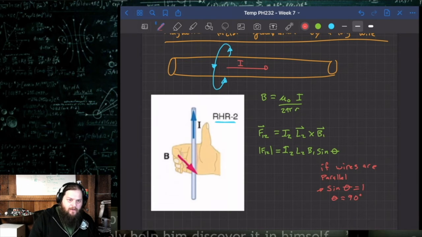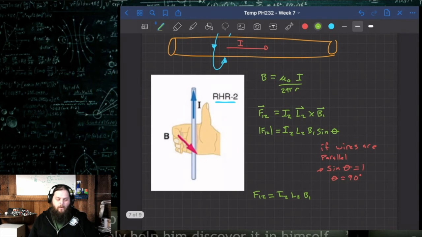So on two parallel wires, we could then write that force 1 to 2 is equal to I2 L2 B1, where wire 1 is generating the magnetic field, and wire 2 is feeling the force of that magnetic field.